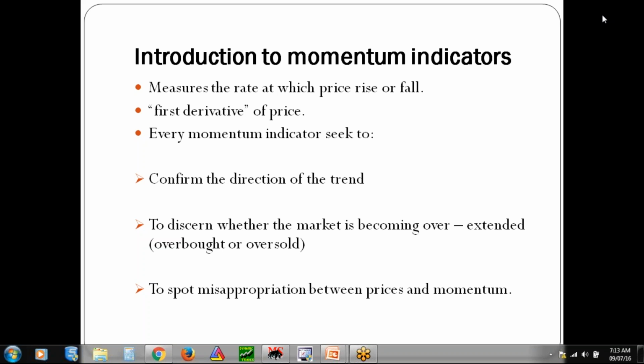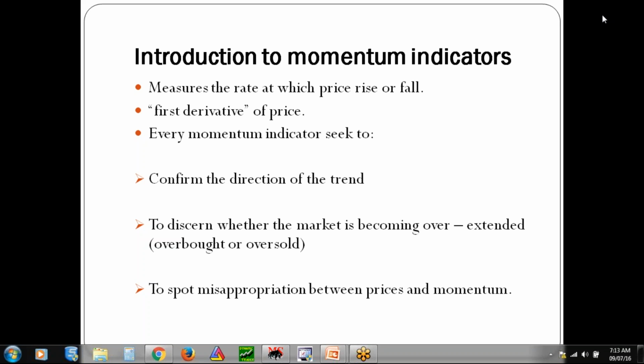Now, every momentum indicator seeks to confirm 3 things. It confirms the direction of the trend, whether we are in an uptrend, downtrend, or sideways. It discerns whether the market is overextended in one direction, that is, oversold or overbought.